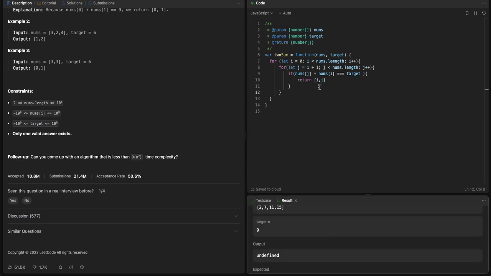Why is it undefined? This is weird. I'm returning. Why? Let's go back. Why is it undefined? Okay, this is not as I expected. So let i equals 0, i less than nums. Oh, length.